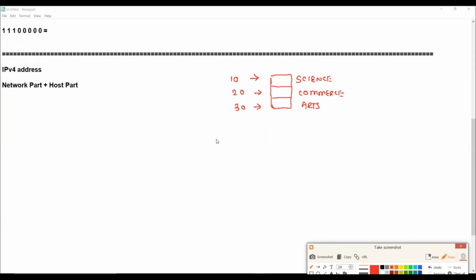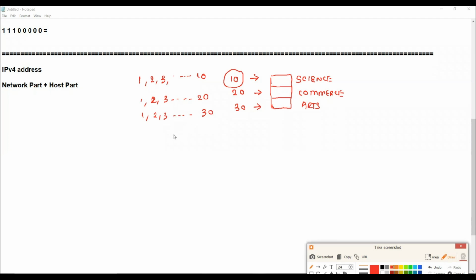Everybody will have their respective roll number. Everybody will have a unique ID card to represent them in the college. For example, think about these 10 people: my roll number is 1, my roll number is 2, 3, 4, like that up to 10. Same thing, these guys will say we have roll numbers from 1, 2, 3 up to 20. And they say my roll numbers are from 1, 2, 3 up to 30.